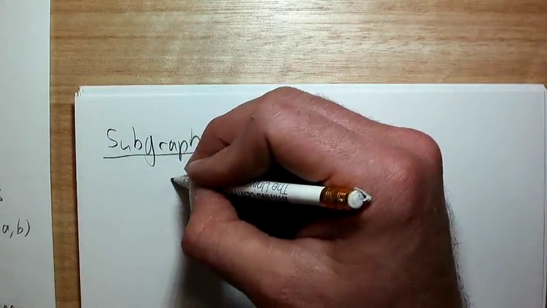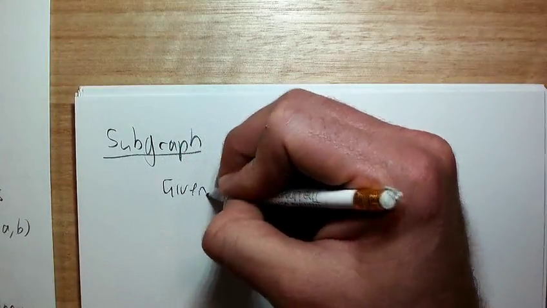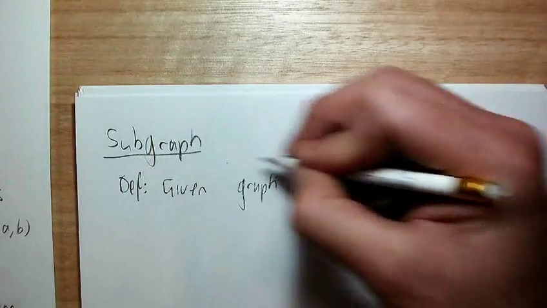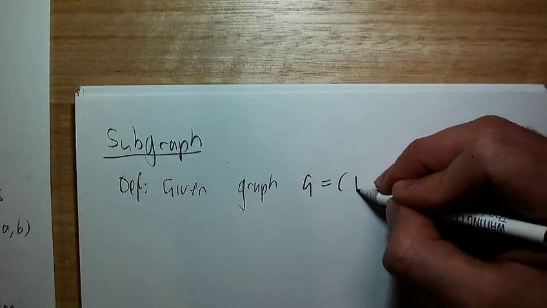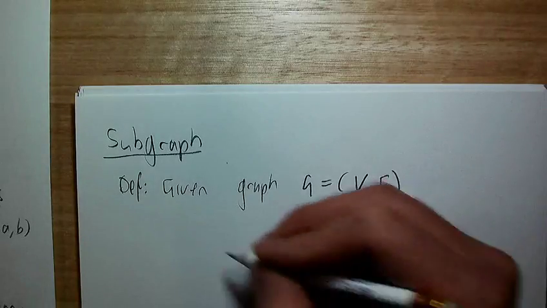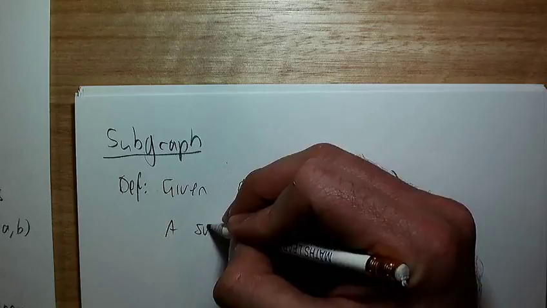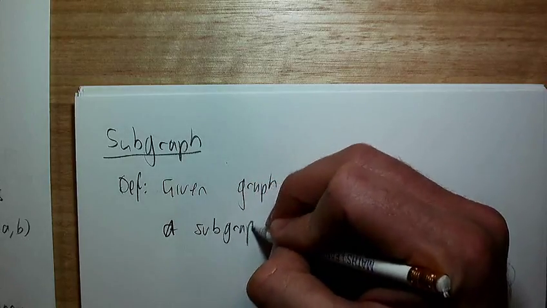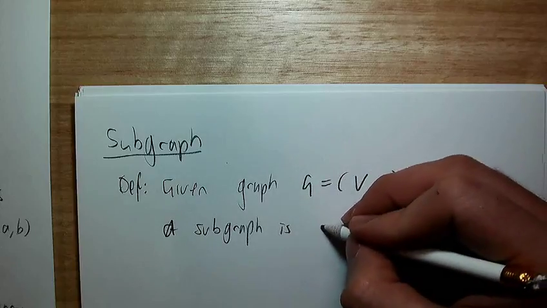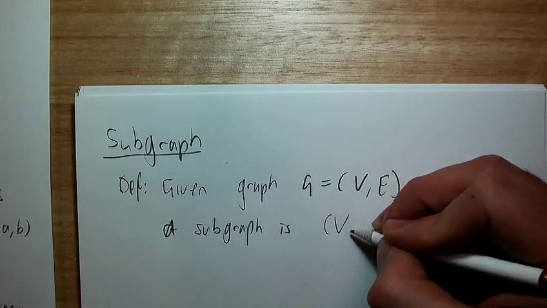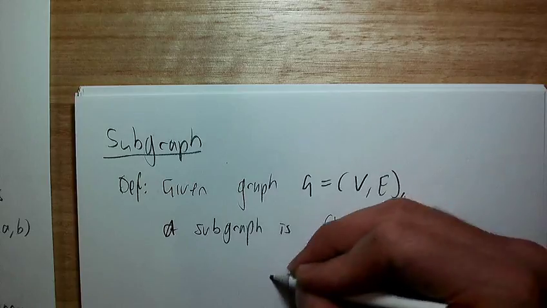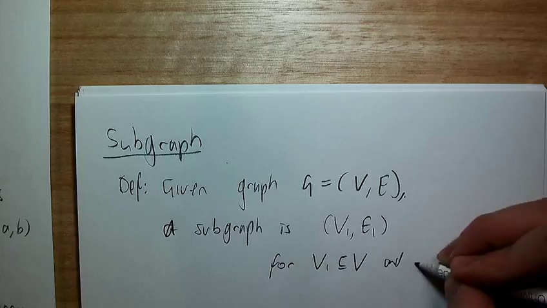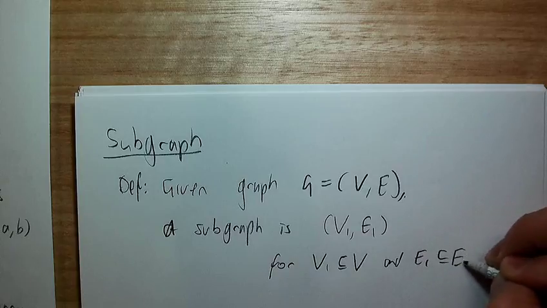So this is a definition: given a graph G which is equal to a set of vertices and edges, a subgraph is for V1 contained in V and E1 contained in E.